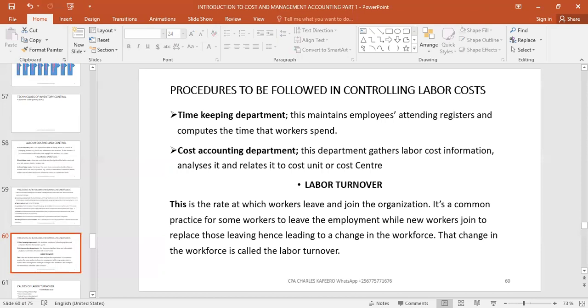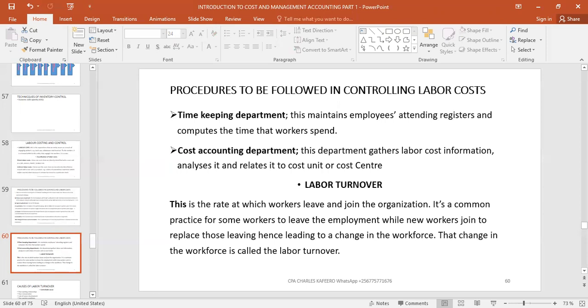Because at the end of the day, when more employees are leaving the organization, you are incurring more costs in terms of recruiting new people. And on top of recruiting them, you are also supposed to train them, because they come when they don't know the company products and the procedures, plus other regulations within the organization.